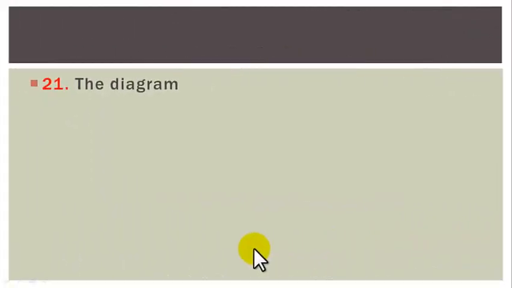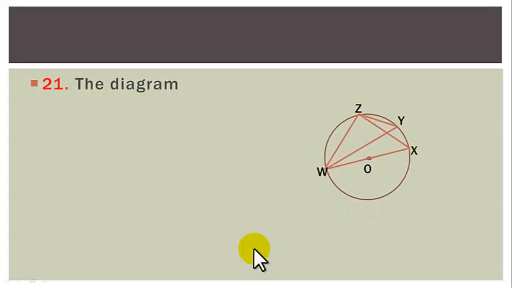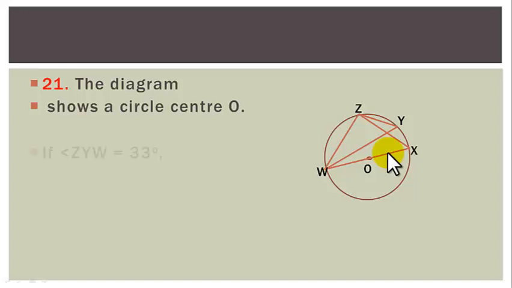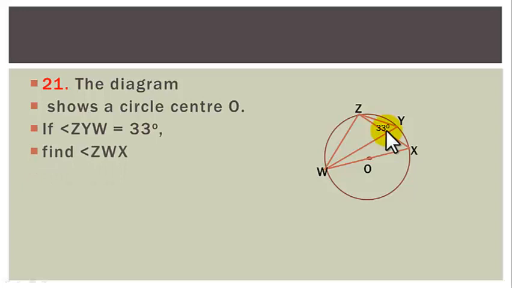Question 21. This diagram shows a circle center O. If angle ZYW is 33 degrees, that's if this angle is 33 degrees, find angle ZWX.